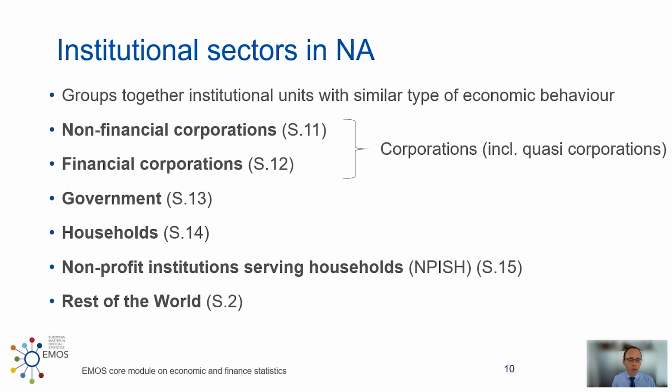Then we have something we call non-profit institutions serving households. So these are charity organizations and so on. And we have something which is outside our national economy, of course, which is the counterpart of our activities. And this is the rest of the world. You see there are some codes behind, S11, S12, and so on.